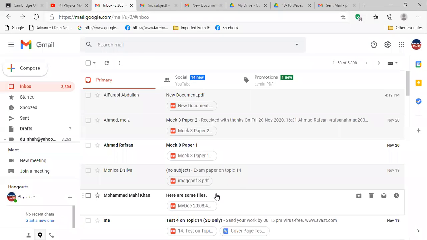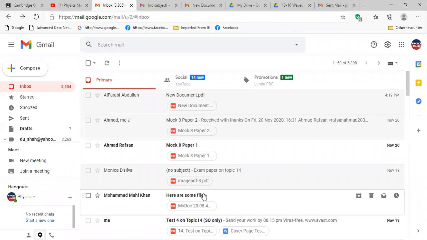This way you write the file name and the subject of the email. That will help us to find it later. Like you will send me a couple of files, then if all are just here are some files, how can I identify which one is on what?